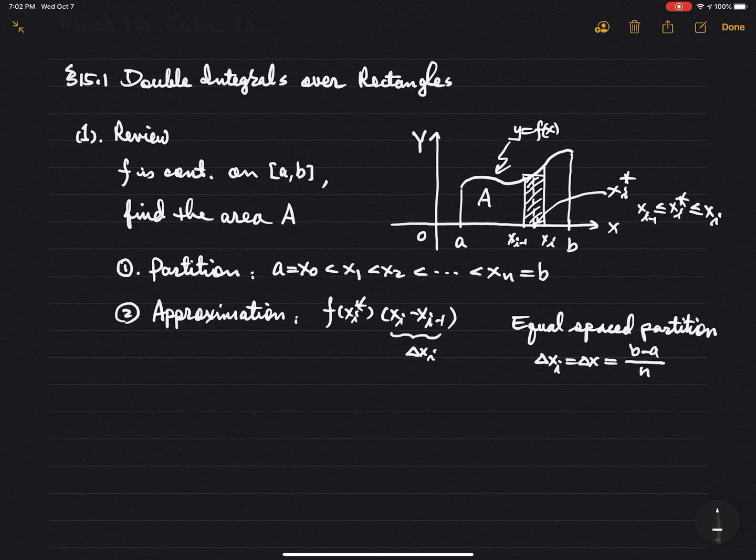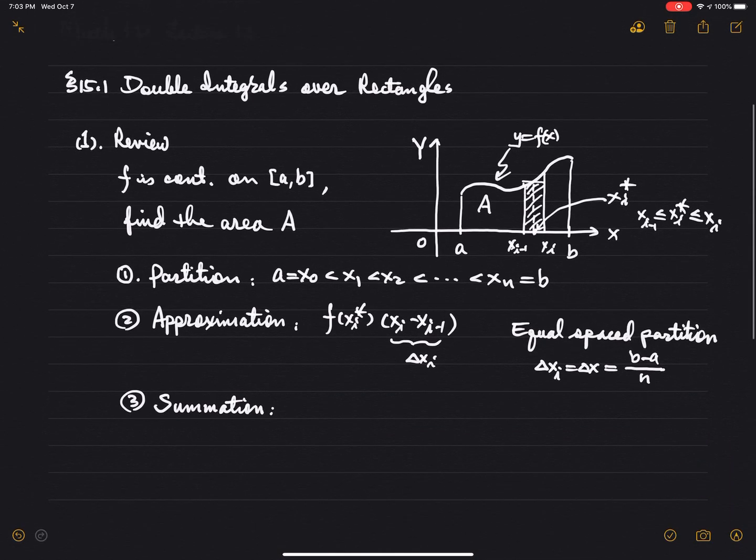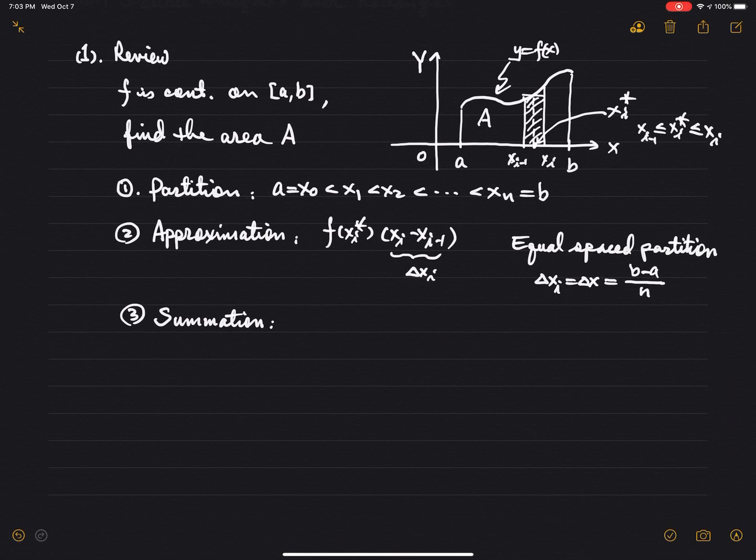Third step, we do summation. We add those approximations up, sum over i from 1 to n of f(x_i star) delta x, assuming we use an equally spaced partition.